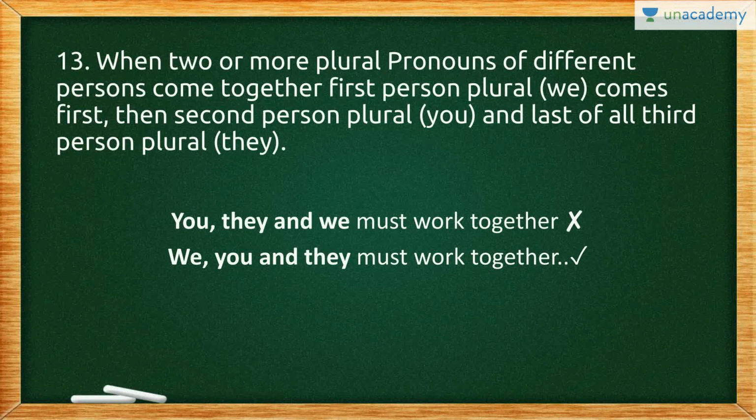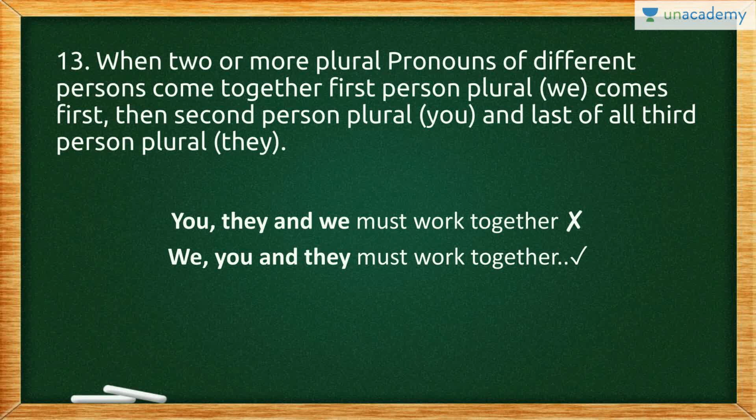So in this case, first person would come first, second person after that, and lastly we have third person, which means first, second, and third person come in order when taken in plural. But in singular, second came first, then third, and then first person. So don't get confused between the two. The difference lies in singular pronouns and plural pronouns.